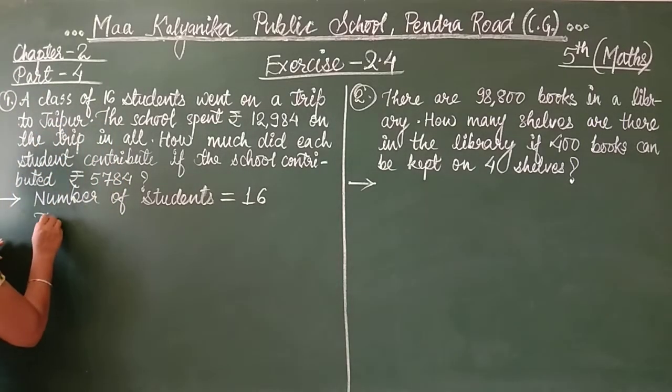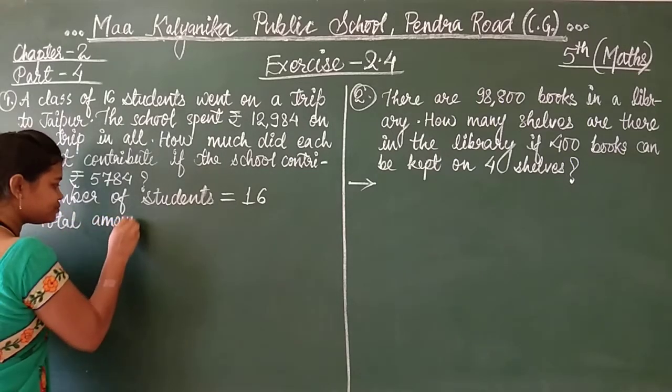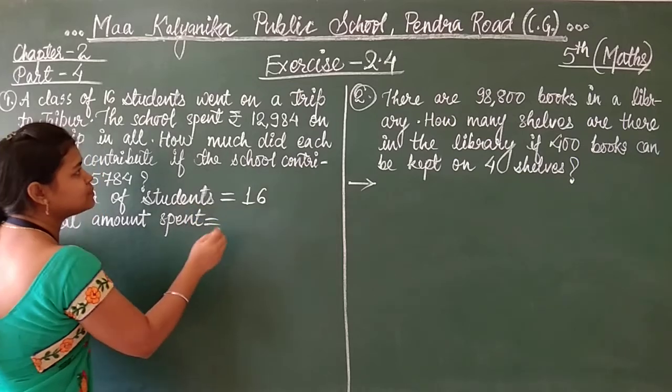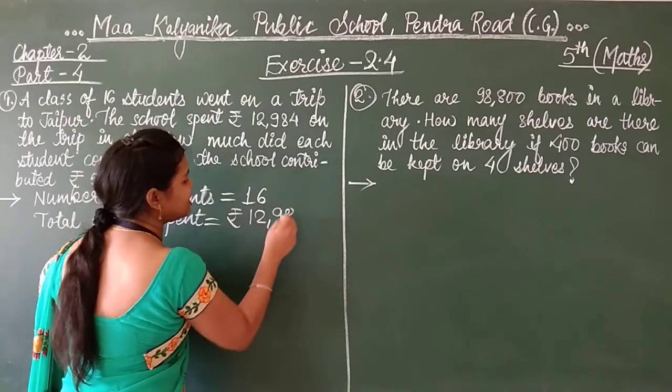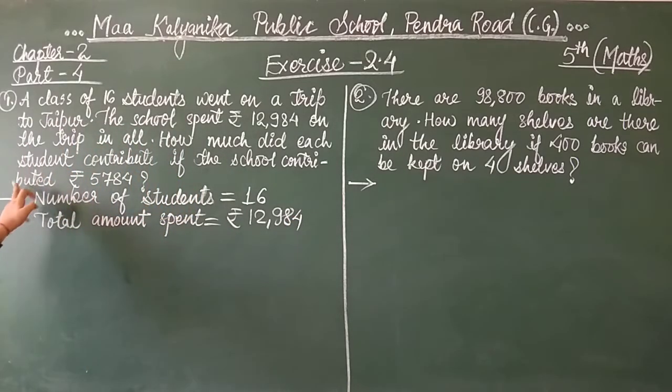So total amount spent. Total amount how much spent? Rupees 12,984. This much was spent. The school contributed this much. How much has the school given?